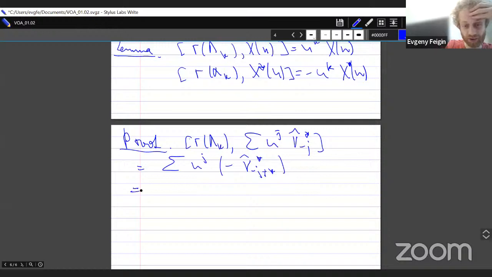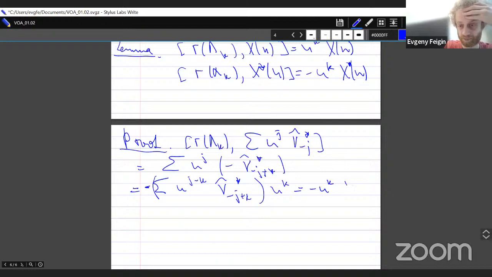And this equals the sum, minus goes out, and then u to the j minus k, v minus j plus k star hat, and then we have to multiply it by u to the k. Does this make sense?